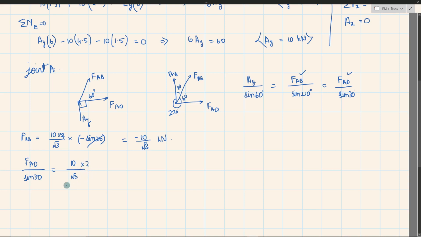Okay, so FAD is equal to 10 into 2 divided by root 3 into 1 by 2. The 2 will be cancelled, so this will be equal to 10 by root 3 kilonewton.